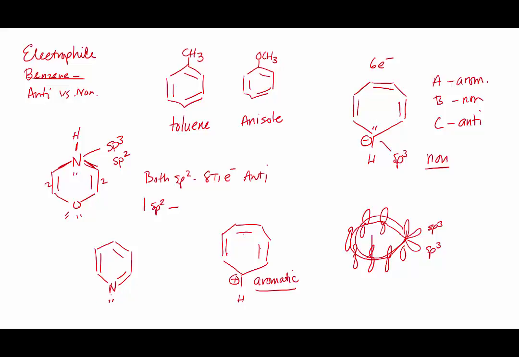And the lone pair electrons are in the sp2 hybrid orbital. So that will make that nitrogen basic. Okay. Does that kind of make sense?